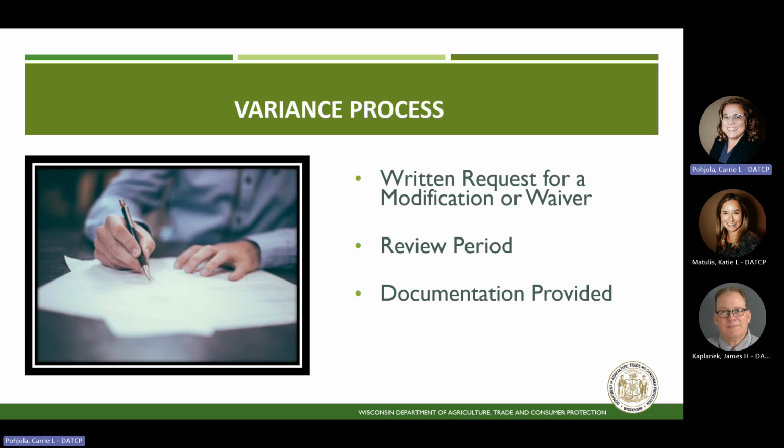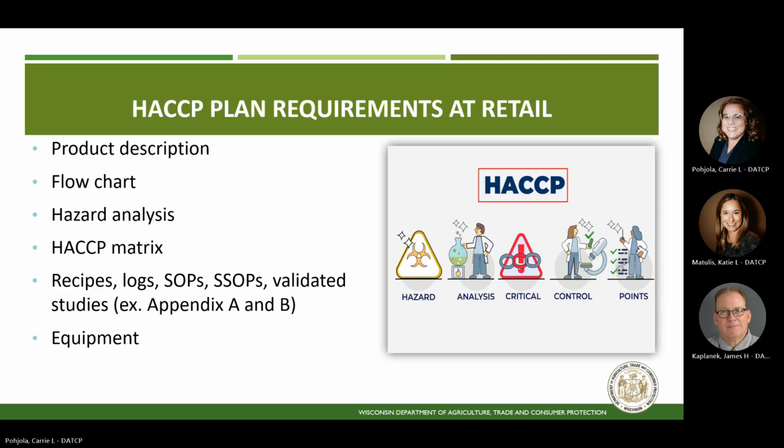You're going to want to cite relevant chapter section numbers, an analysis of the rationale for how the potential public health hazards and nuisances addressed by the relevant chapter section will be alternatively addressed by the proposed variance, and a HACCP plan if relevant to the variance request or required by the department. So as I had stated, we will be looking for a HACCP plan when it is required.